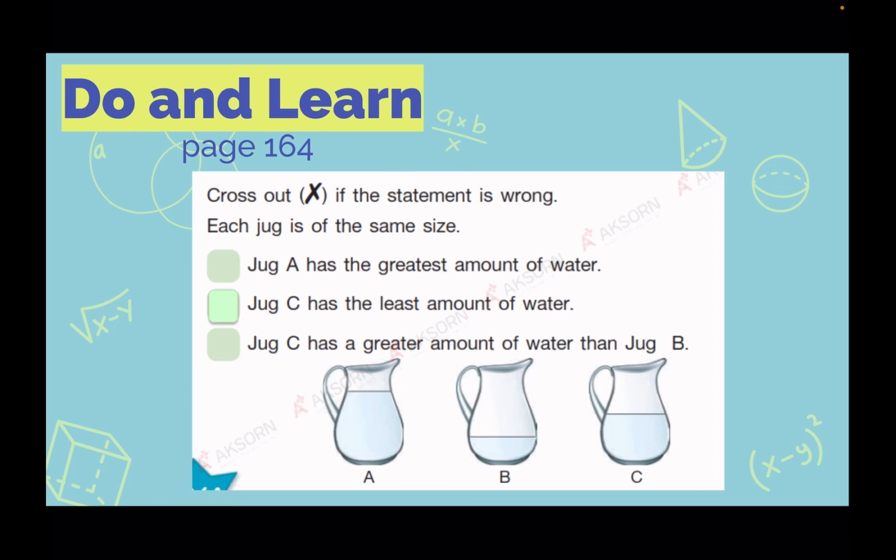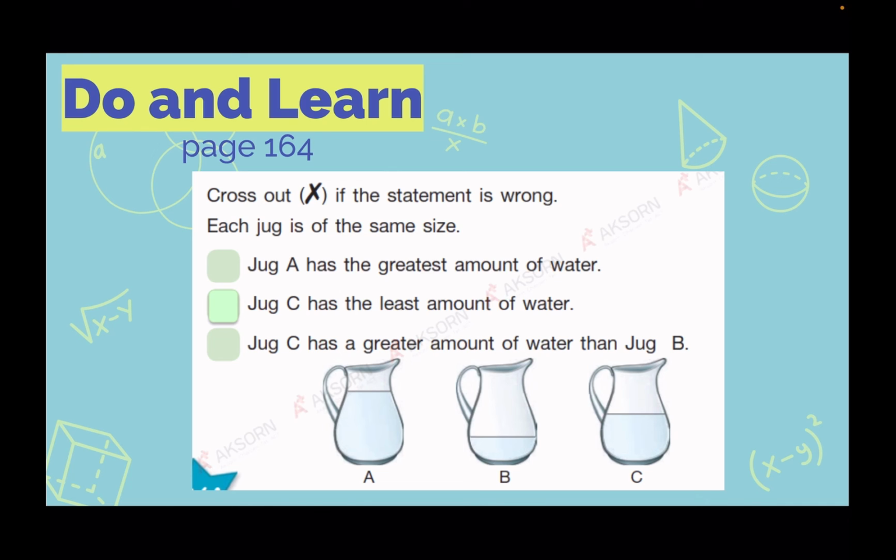Jug C has the least amount of water. When you say least, it means lesser. Does jug C have more or less water? Which jug has the least amount of water? A, B, or C?